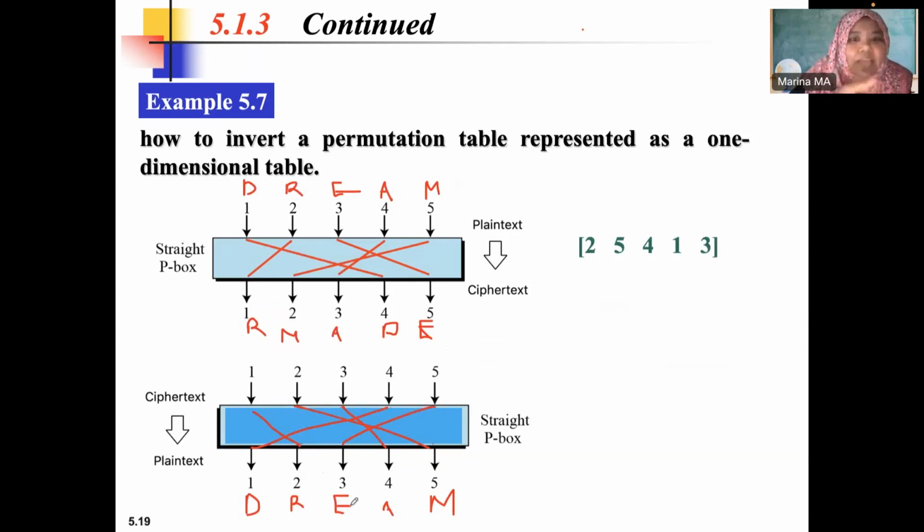This is the mapping of the inverted table. For decryption, you use this one to get back the plain text. For encryption, you use this one, from plain text to ciphertext.